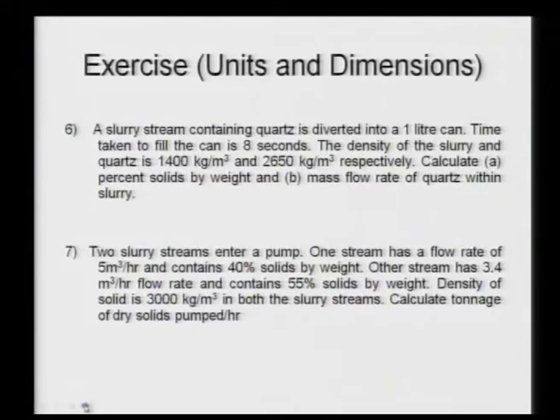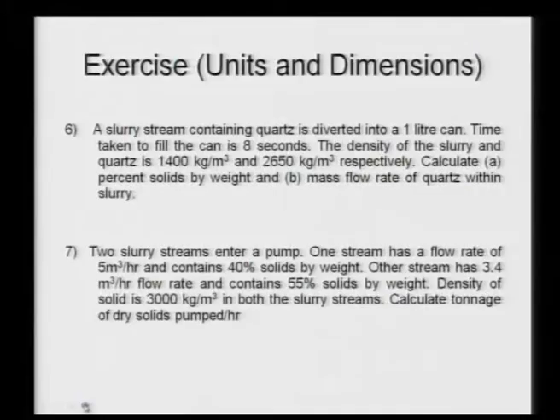Now, problem number 6. A slurry stream containing quartz is diverted into a 1 liter can, that is, a slurry is flowing, you have taken a 1 liter can and diverted that slurry into it. Time taken to fill the can is 8 seconds.